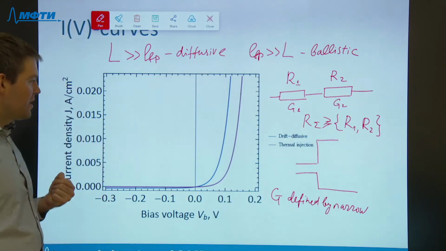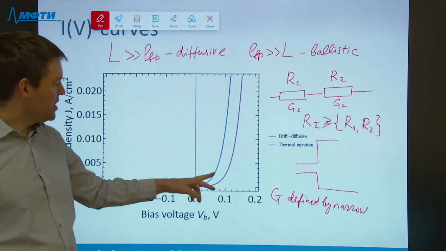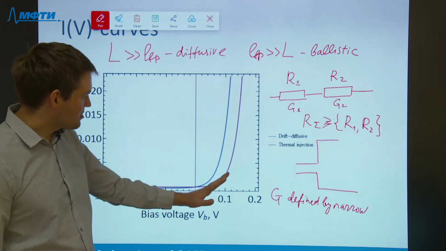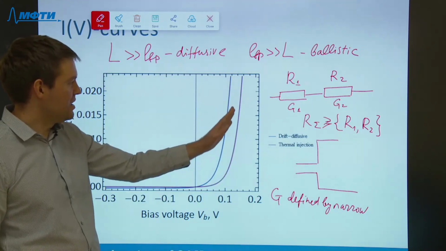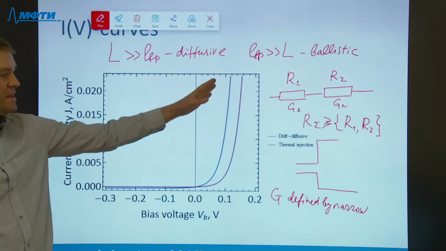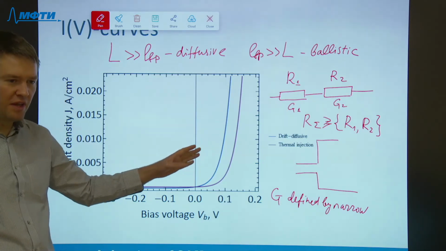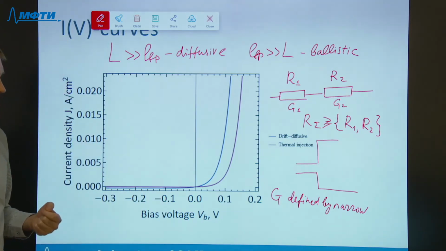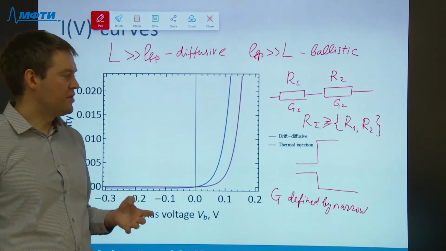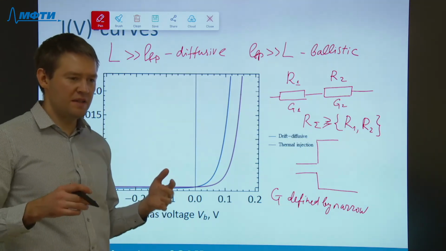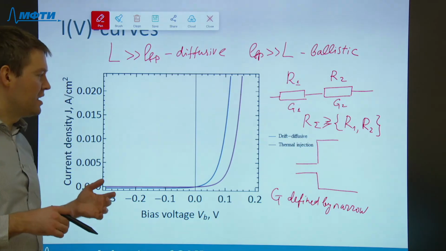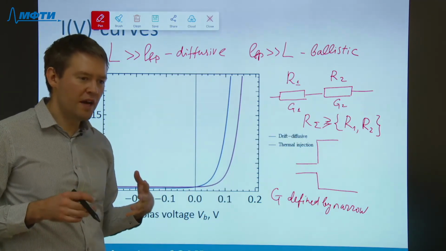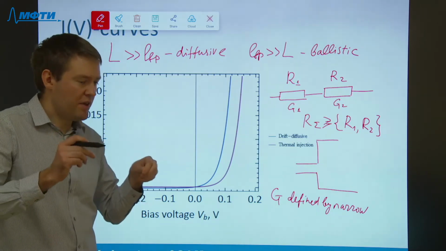So if the thermal injection model gives a result smaller than the result given by the drift diffusive model, as you see in this picture, then it means that the drift diffusive model overestimates the transport, and the transport is indeed limited by the number of carriers that can jump over the barrier.